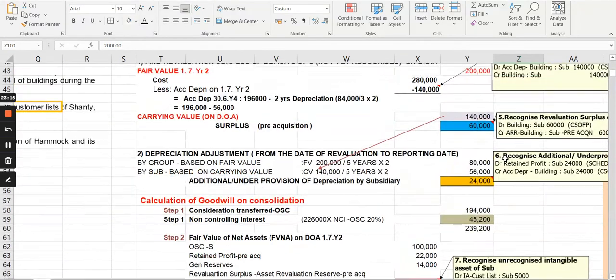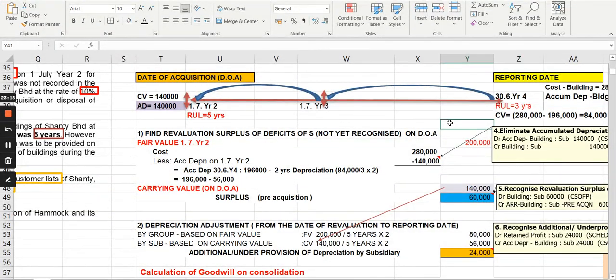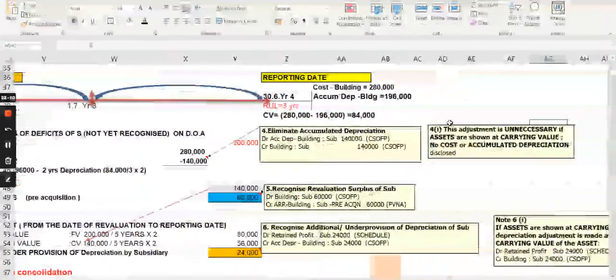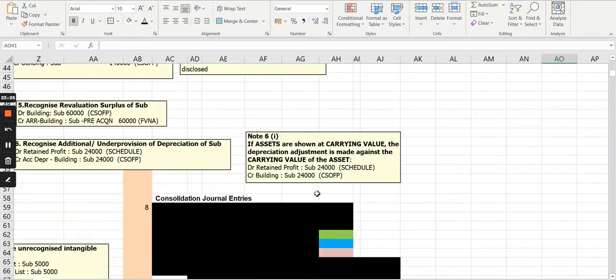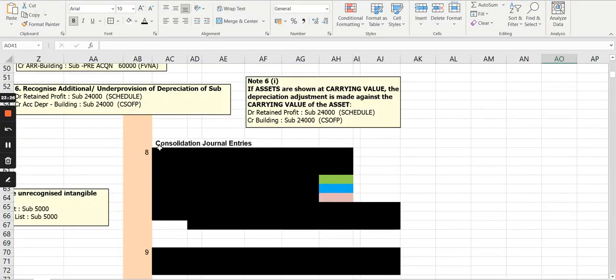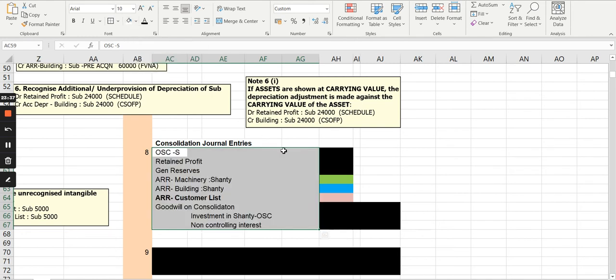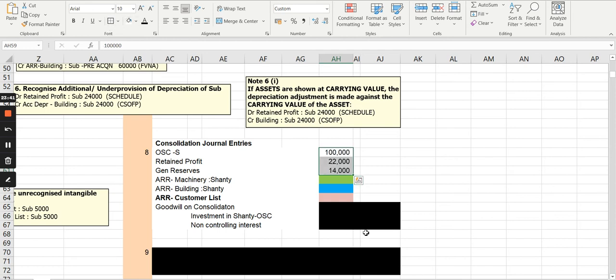So when I talk about elimination, if you can still recall, there were journal entries that I have already shown you in my other videos that you need to eliminate on the date of acquisition. All those things which were the fair value of net assets on the date of acquisition. So that has been eliminated here. So that's why it is not there.